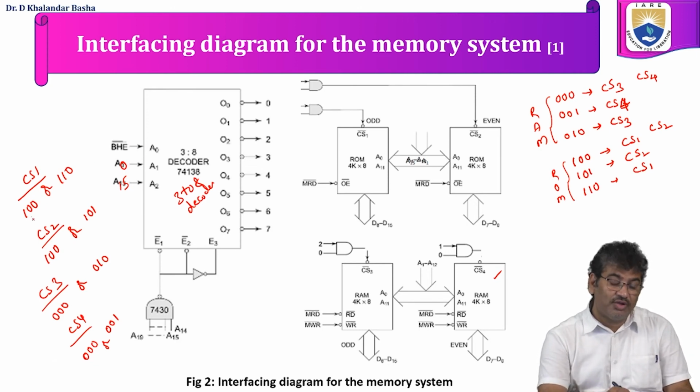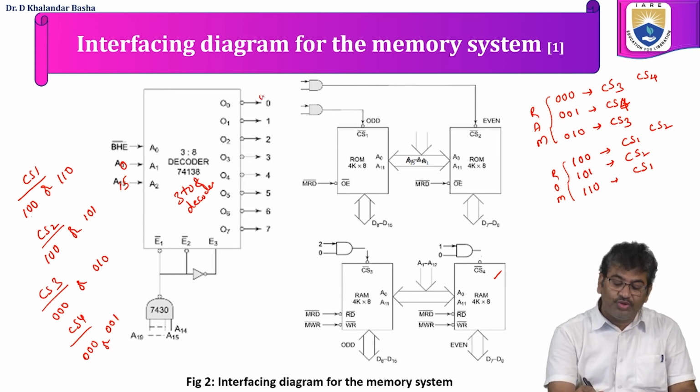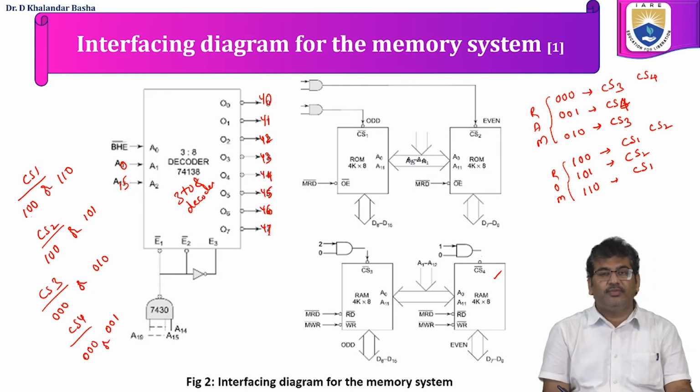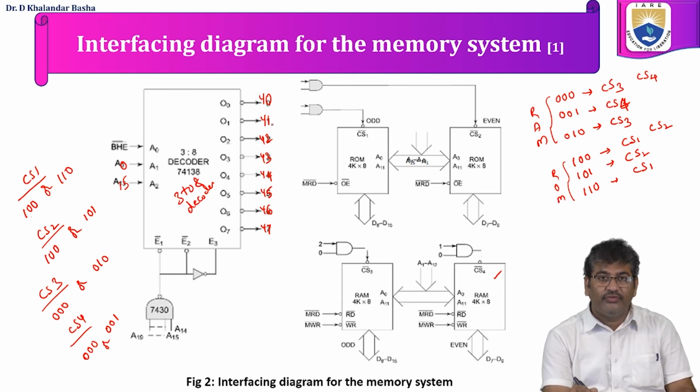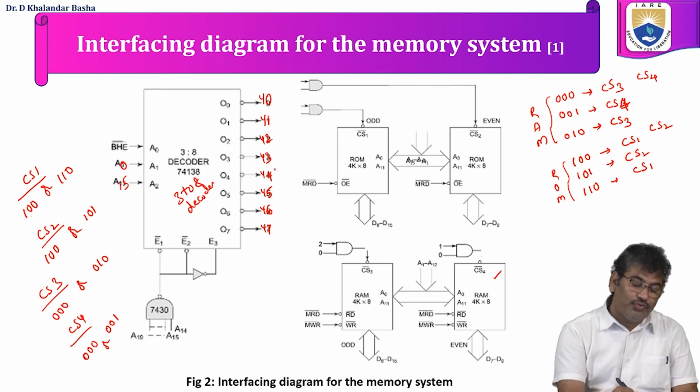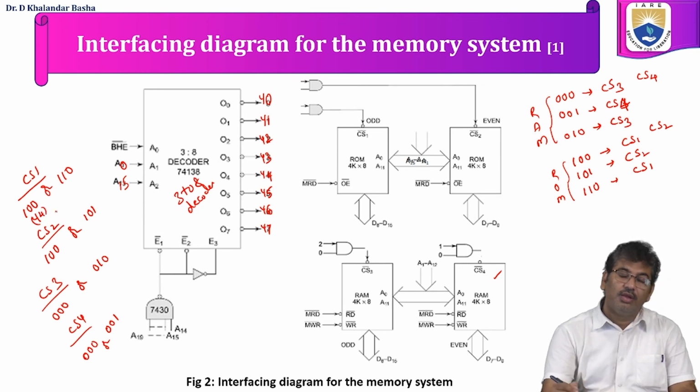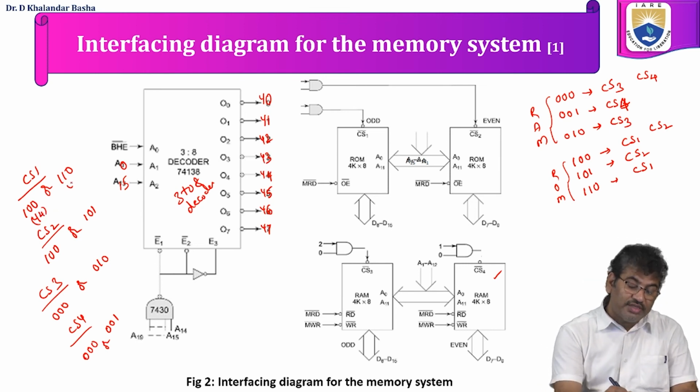Whenever these 3 bits are 100, I'll take the output signals as Y0, Y1, Y2, Y3, Y4, Y5, Y6 and Y7. If the inputs for the decoder are 100, then the output of the decoder which is going to be enabled here is Y4. 110, Y6.